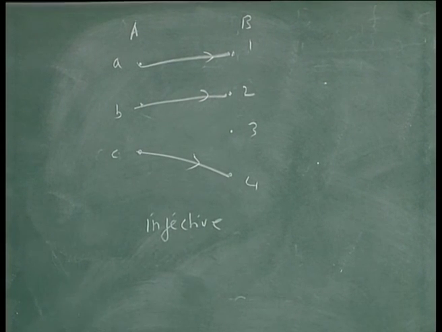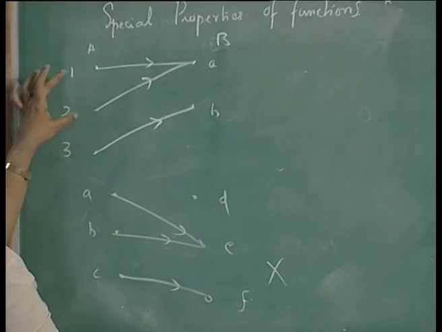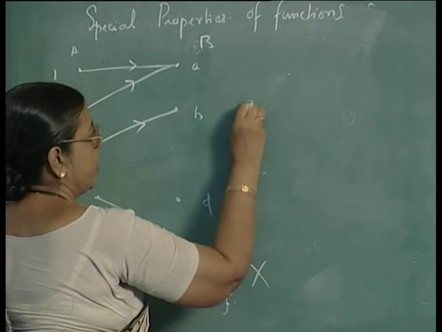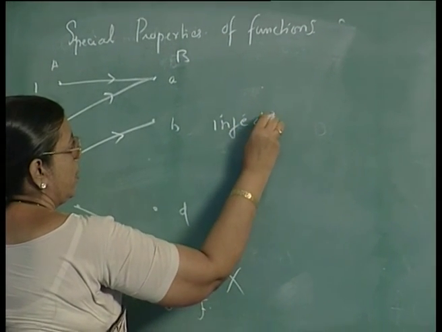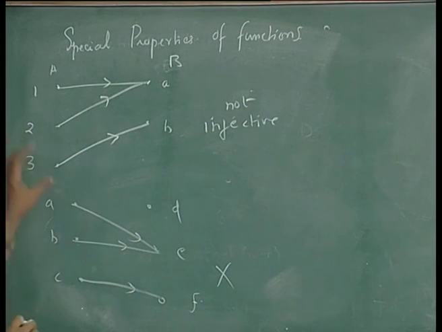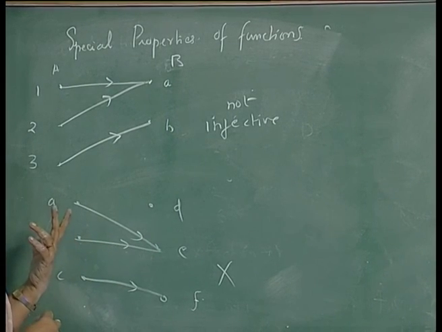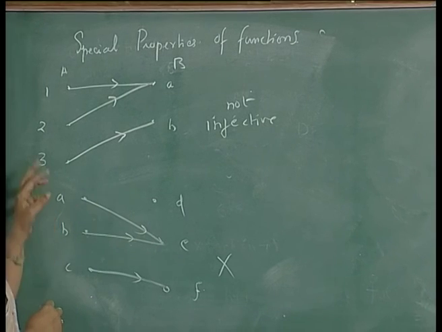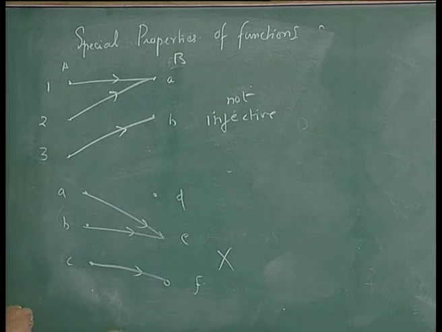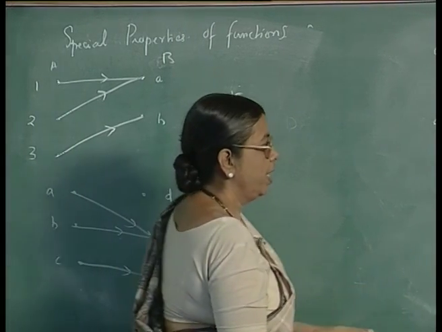Look at this example. Here 1 and 2 are mapped onto the same element, so this is not an injective function. If f(a) is equal to f(b), then a should be equal to b. Here f(1) and f(2) are equal, but 1 and 2 are not equal. So, this is an example of a function which is not injective, and the earlier one is injective.